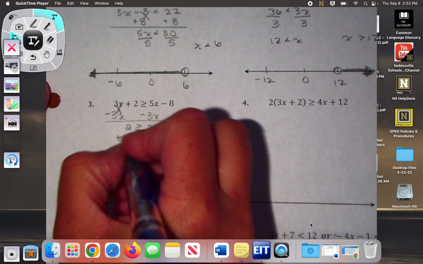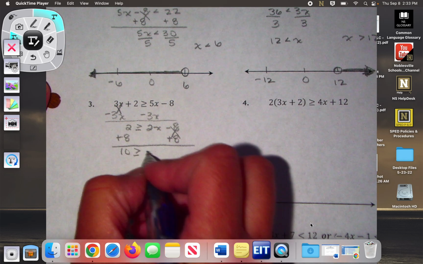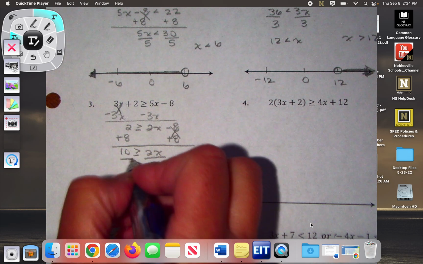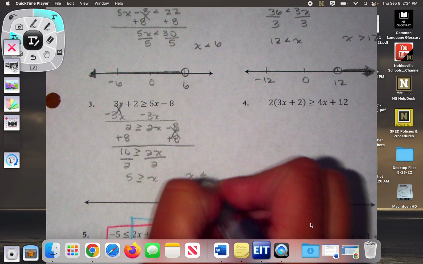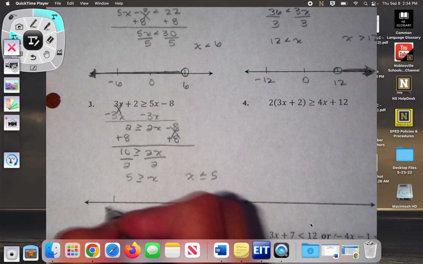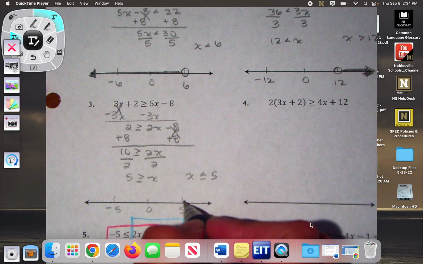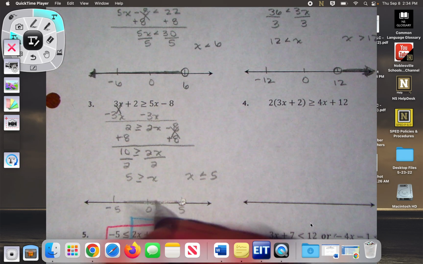Add 8 to both sides. 10 is greater than or equal to 2x. Divide by 2. 5 is greater than or equal to x, or you could say x is less than or equal to 5. Closed circle, because it's or equal to.